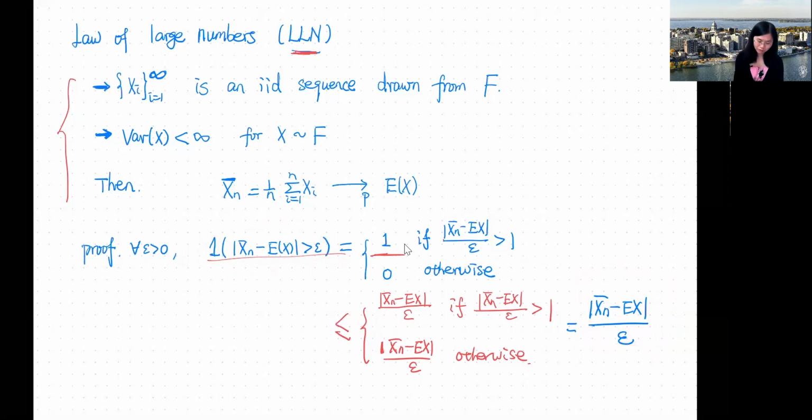And moreover, the expected value of the square of this random variable has to be less than or equal to the expected value of the square of this random variable.